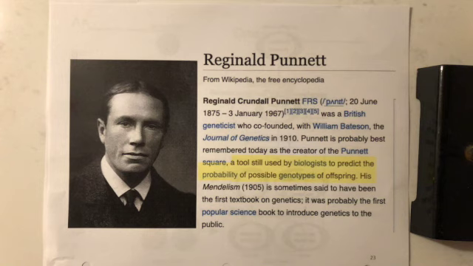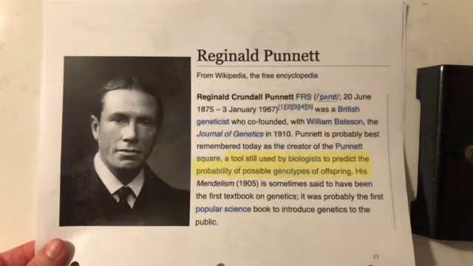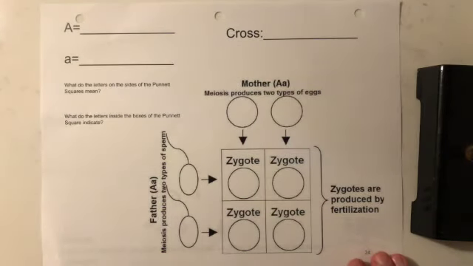So what we want to focus on is that it's a tool used to predict the probability of possible genotypes of offspring, meaning that if you have two parents and you know their given alleles, what is the likelihood or the probability of the genotypes of their potential children or offspring? So we're going to use a Punnett square today to show how it is related to the question that we've been asking so far.